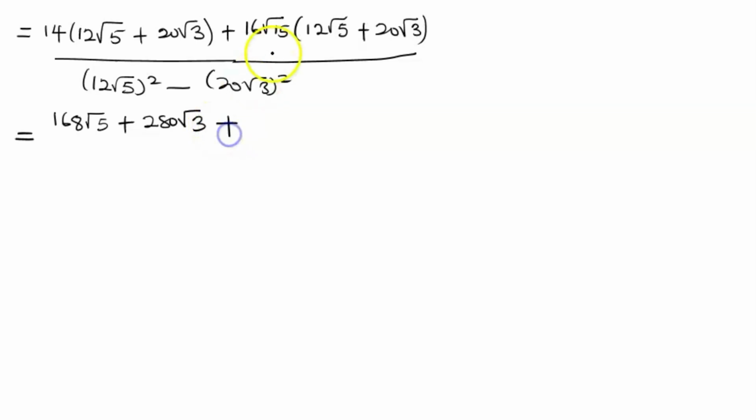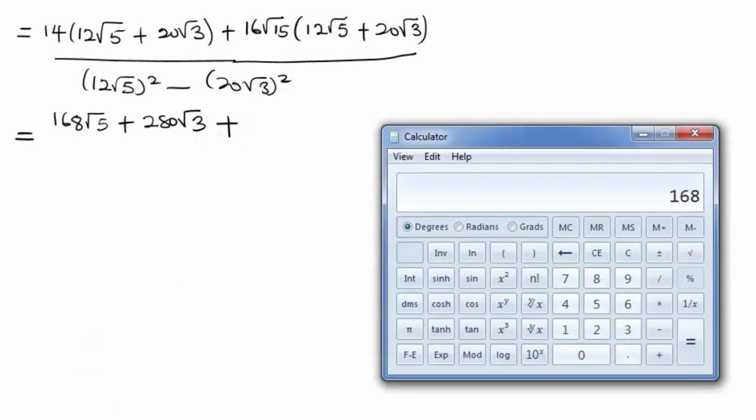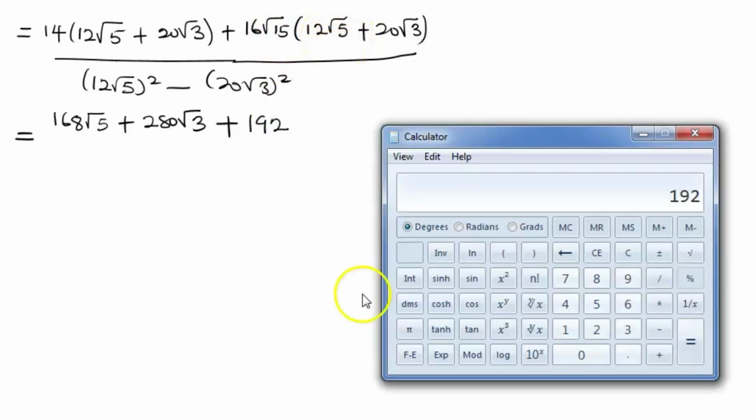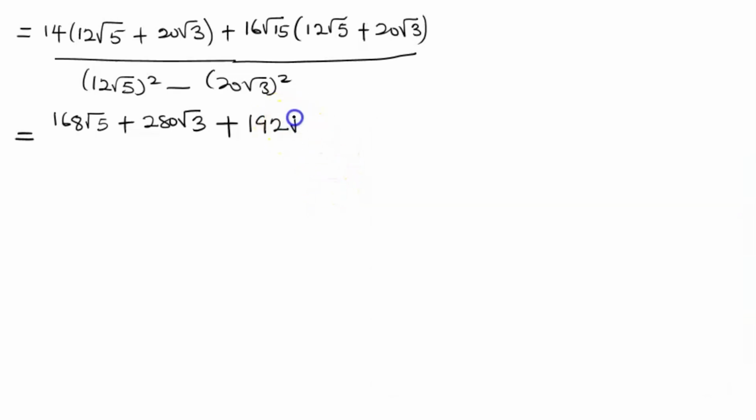Then plus, we are going to have 16 multiplied by 12. That's 192. This root 15, we also multiply by root 5. So 15 times 5 is 75, so we have root 75.